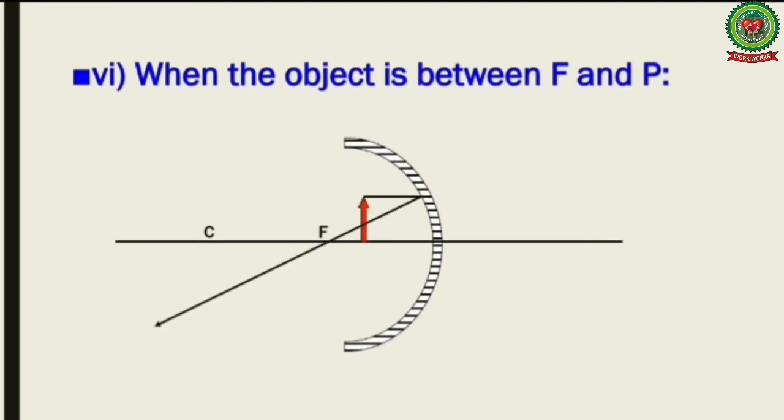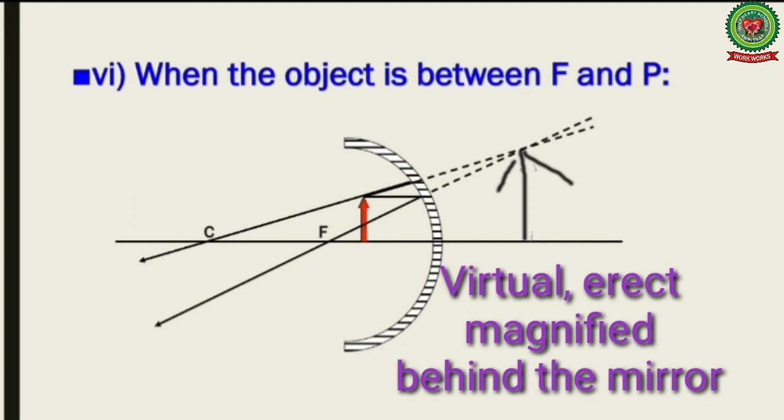The ray which is parallel to principal axis after reflection passes through the focus, and the other ray which is passing through the center of curvature retraces its path, and these rays appear to meet behind the mirror when the reflected rays are extended backwards. Hence, the image is virtual because the rays are not actually intersecting, erect and magnified, and the position of the image is behind the mirror.